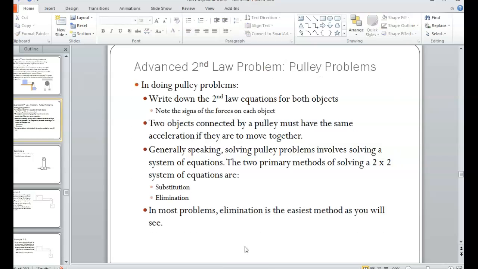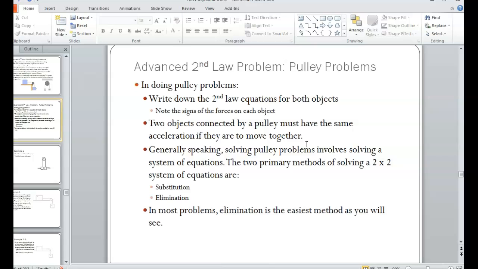Okay, so generally speaking, because you have two objects in a pulley problem, you end up with more than one second law equation. And because you end up with multiple equations, you end up with what's called a system of equations. And there's two primary methods of solving a system of equations that you should have learned in algebra before. Those are substitution and elimination.